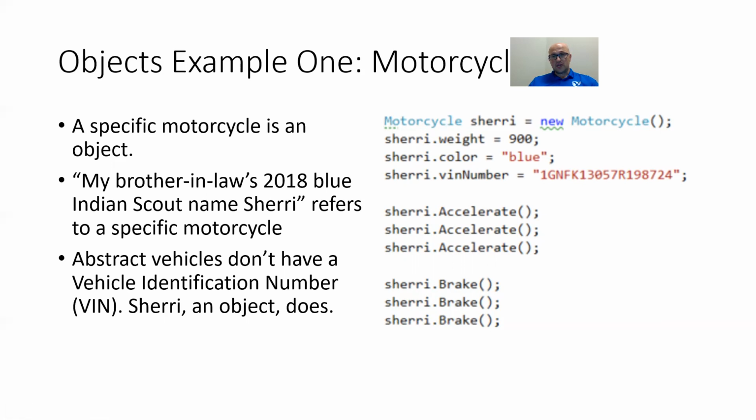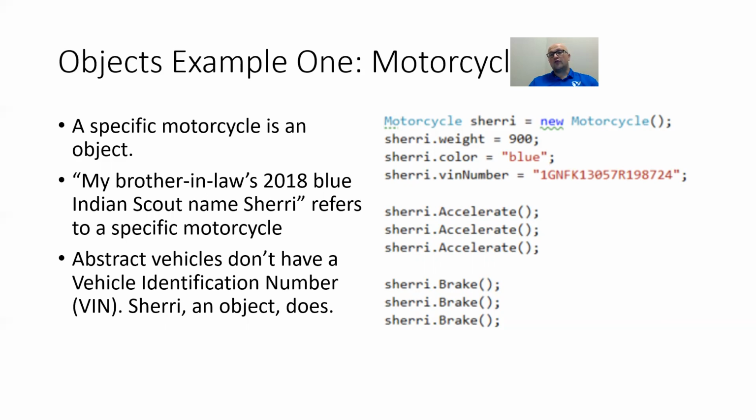So I say motorcycle, and then Sherry is the name of my variable. It's the name of my object, right? I use the new keyword because we are reserving space in memory. And then I say, give me a new motorcycle with opening and closing parentheses. And we'll talk about what those parentheses mean later on. Okay, but this is how you create an object. This is how you create a concrete, actual, touchable thing from an abstract idea.